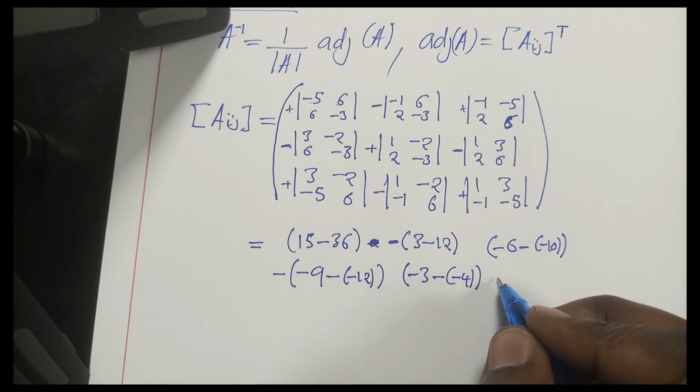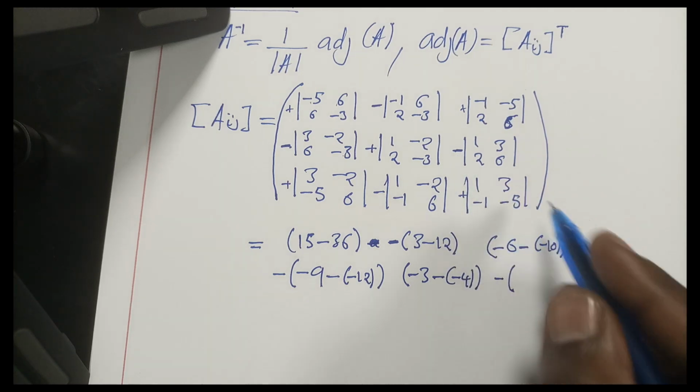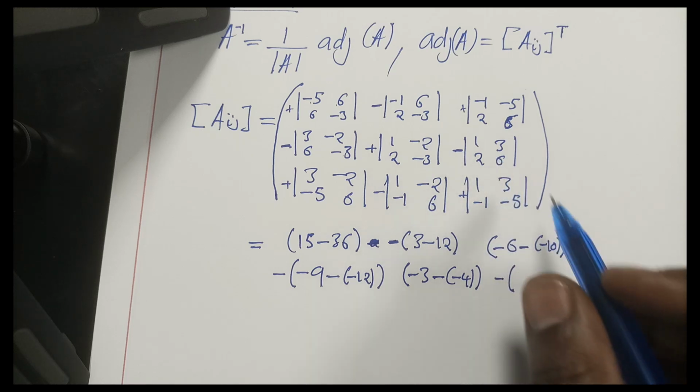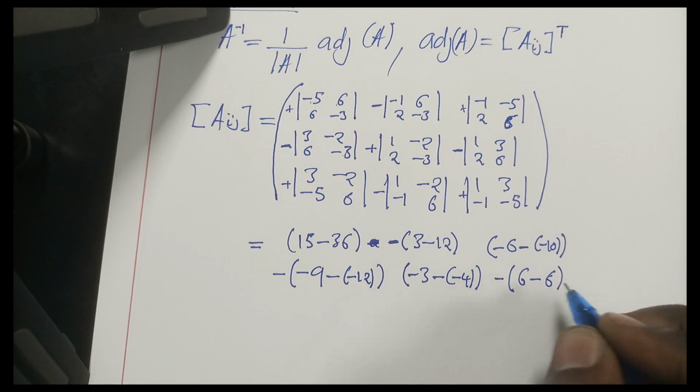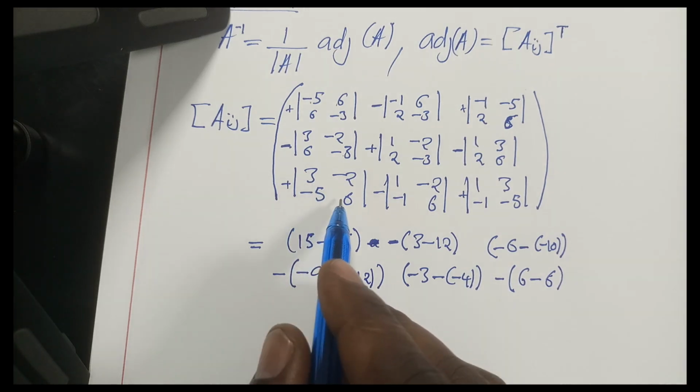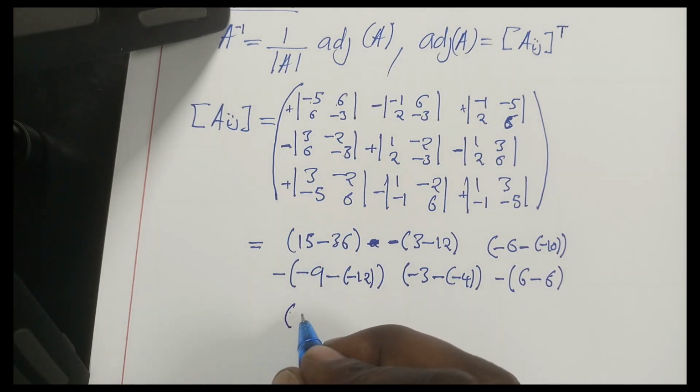And for the last part we have negative, this negative here, 1 times 6, that is 6 minus 6. We are here now, 3 times 6. 3 times 6 is 18.